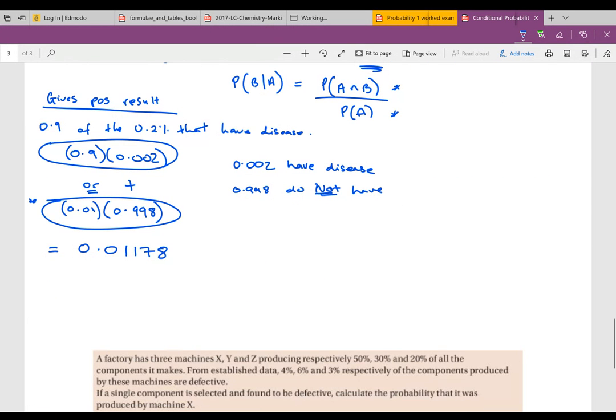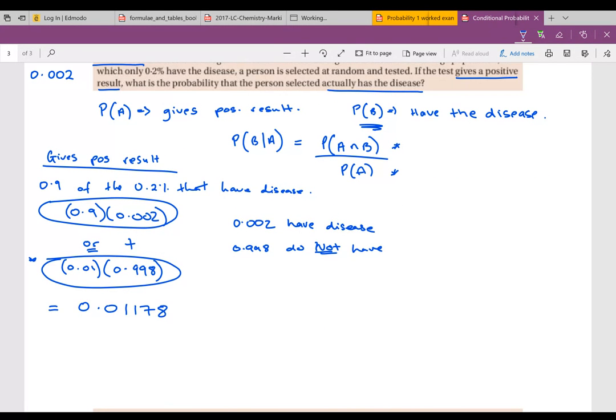So this is the probability that you test positive, so P(A). Now that does not necessarily mean that it's a true positive, but that's the probability that it tests positive. True positive, and then this one here is what we call a false positive.